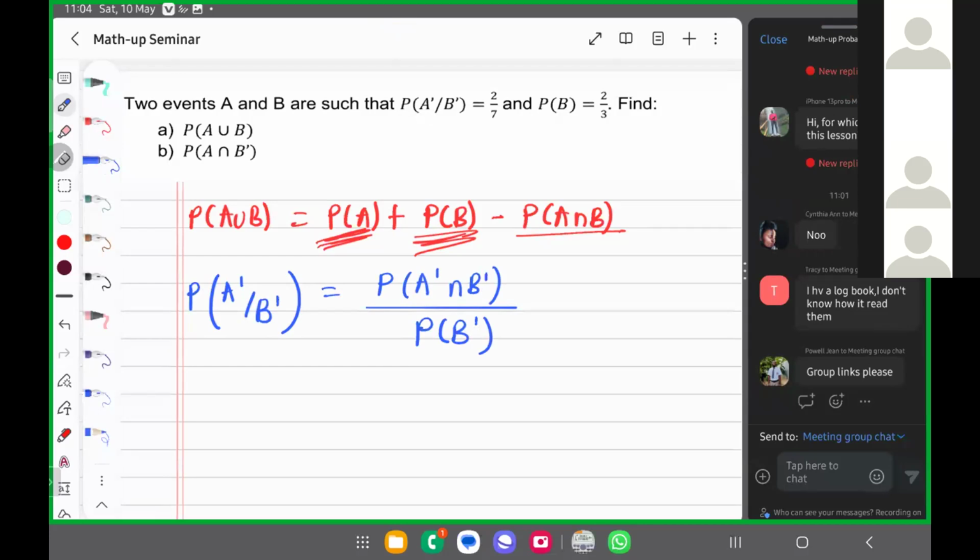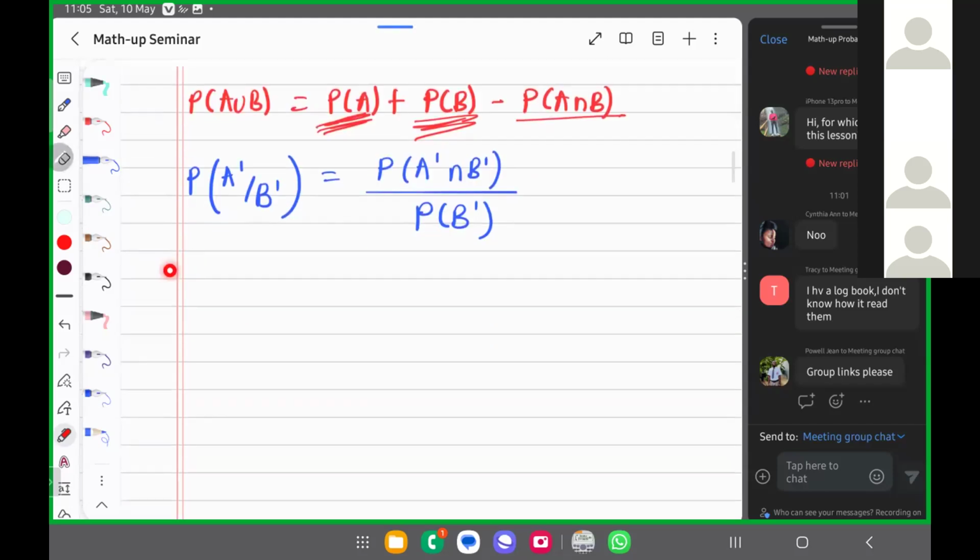So when you look at what I have on my right-hand side, the probability of A complement intersection B complement can help me get the probability of A union B. Because the probability of A complement intersection B complement is the same as the probability of A union B, but complement.